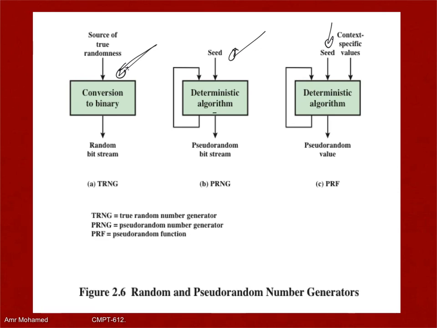So the true random generators take any true random source, and one example of this is what? Can anyone guess? One example of a true random process.